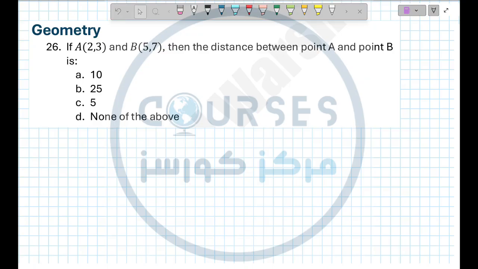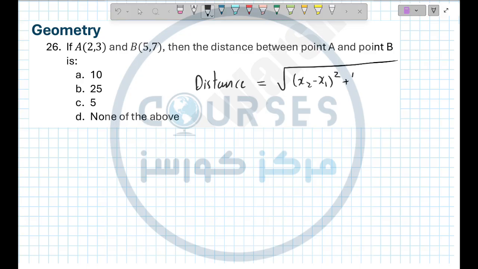So the distance formula is equal to the square root of x2 minus x1 squared plus y2 minus y1 squared.